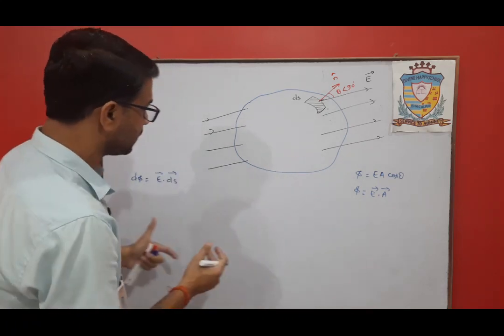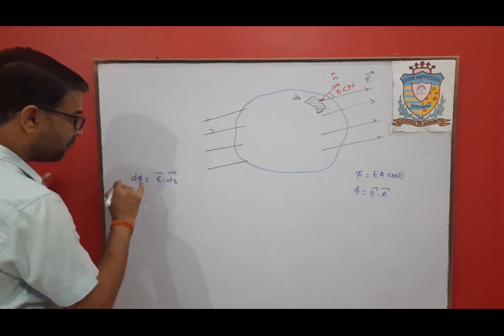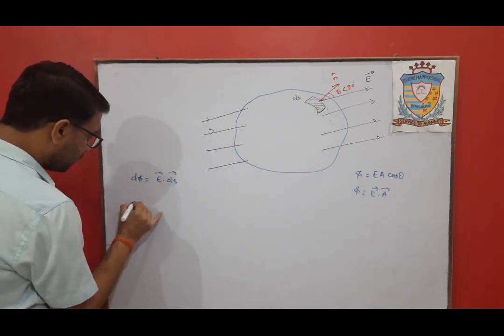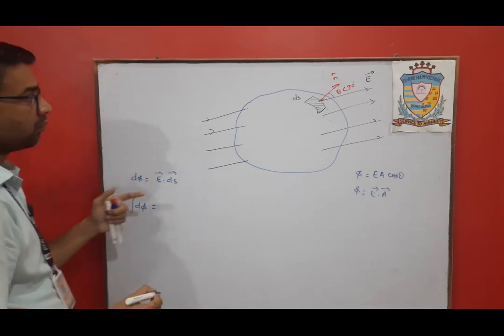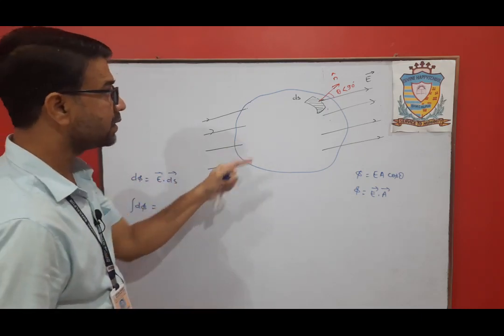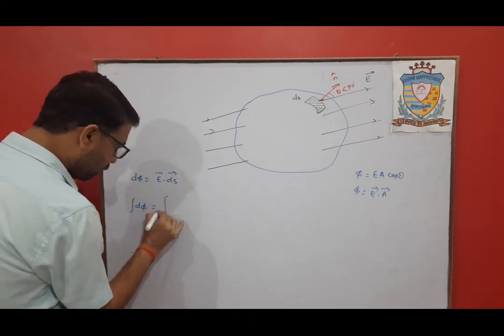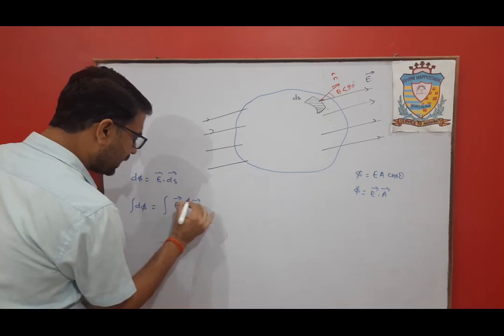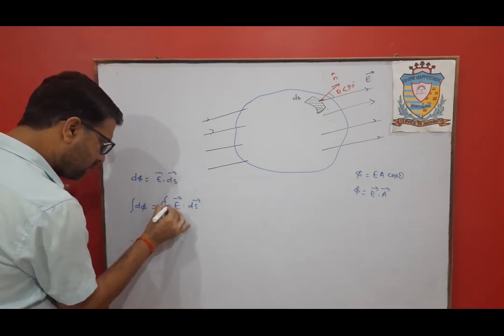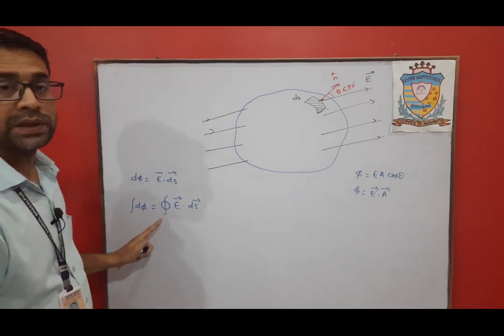To calculate the total electric flux, we simply integrate both sides. So this becomes the integral of d phi, and since the surface is irregular, we take the closed integral of E dot ds.